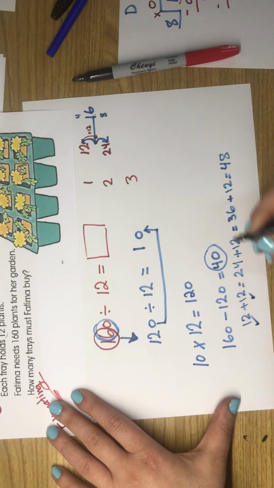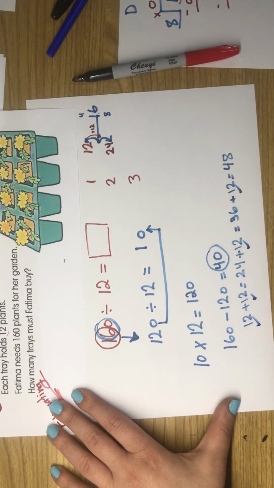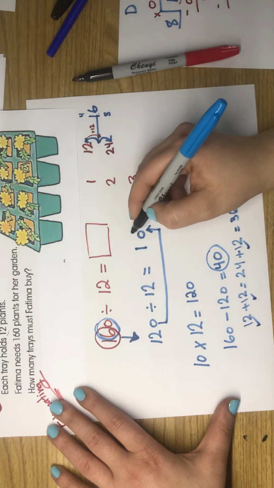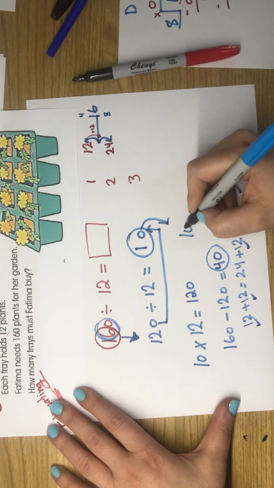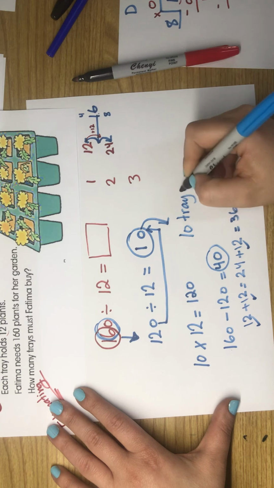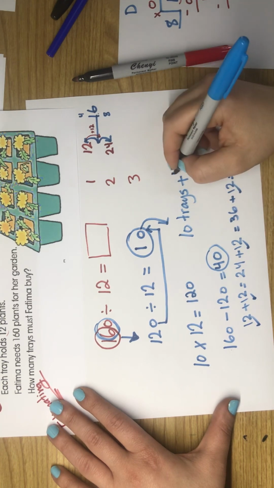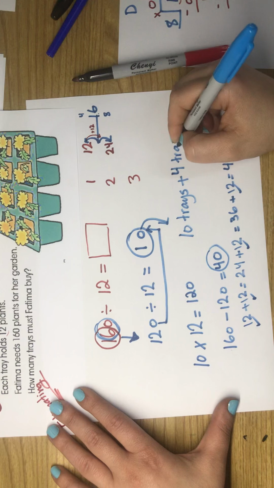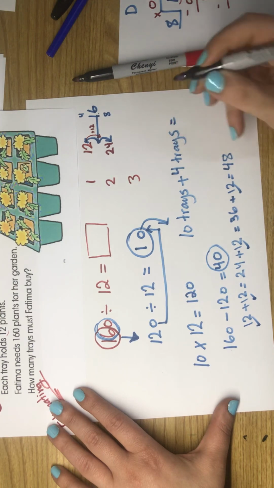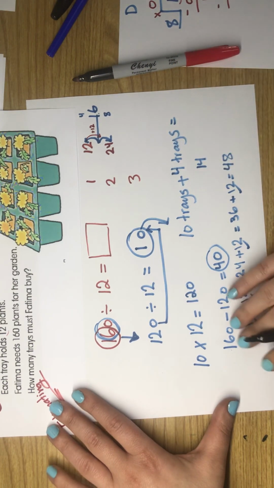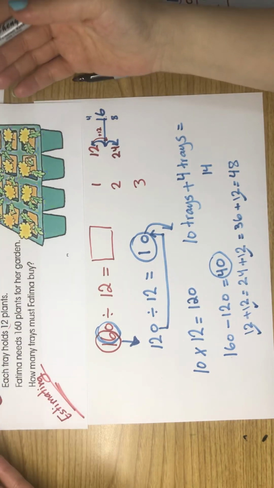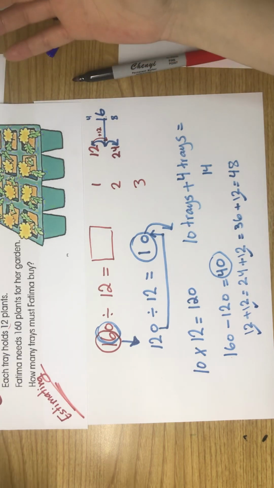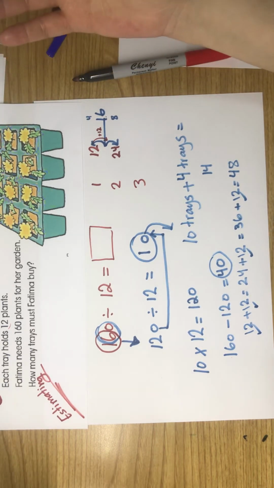So I'm going to count the number of 12s that I've added: 1, 2, 3, 4. So actually, I'm not going to use only 10 trays. I'm going to use 10 trays plus another 4 trays, which equals 14. Guys, don't panic, because this kind of question is just for extra knowledge.